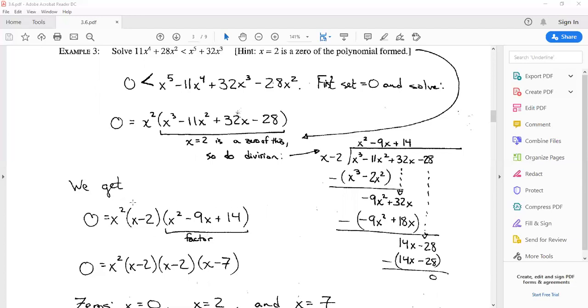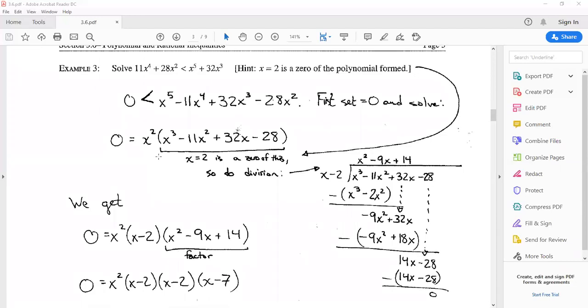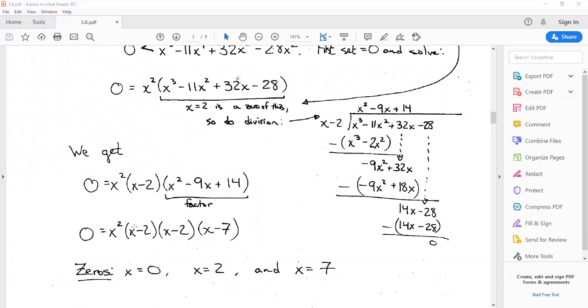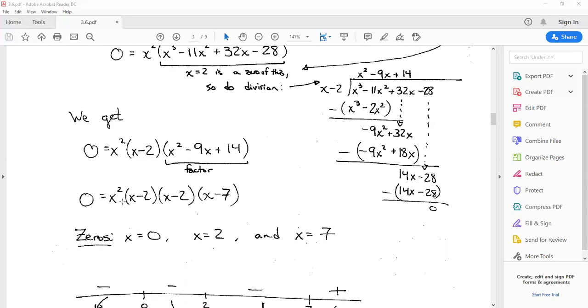And oh, we know how to factor the remainder term, this x squared minus 9x plus 14. Two numbers whose product is 14 but whose sum is minus 9 are minus 2 and minus 7. So we can factor the total 5th degree polynomial we started with as x squared times x minus 2 times x minus 2 times x minus 7. Notice that we could really simplify that to x squared times x minus 2 squared times x minus 7.